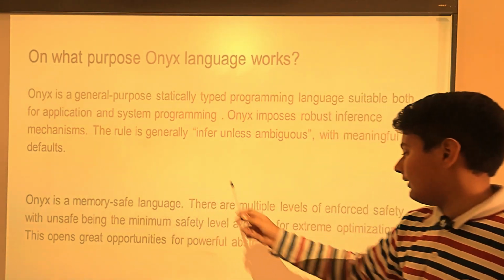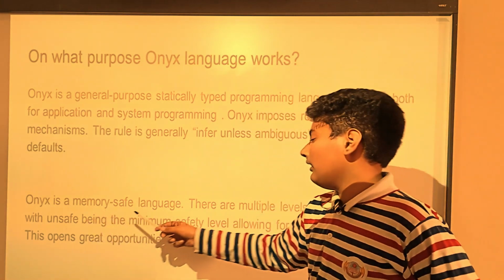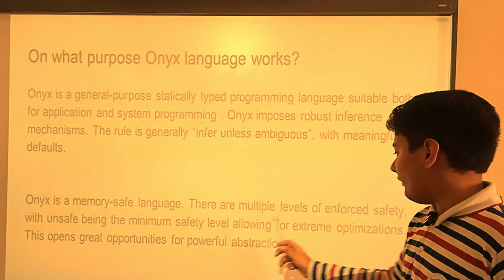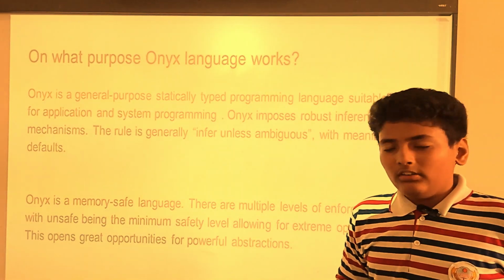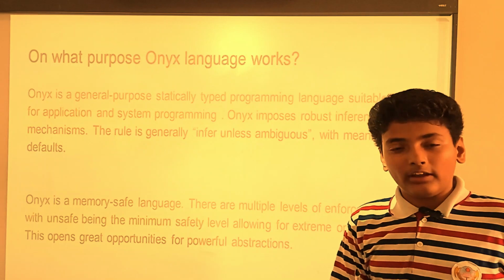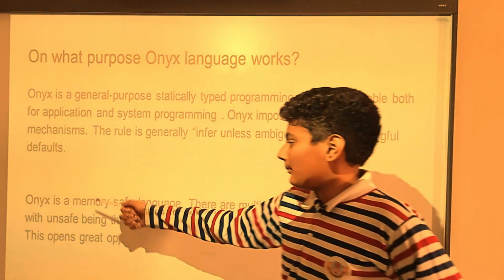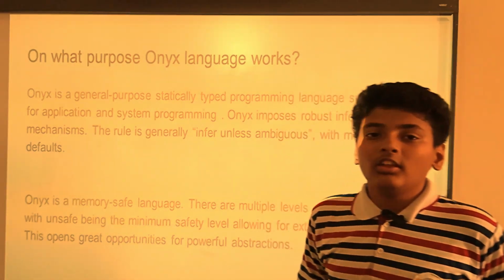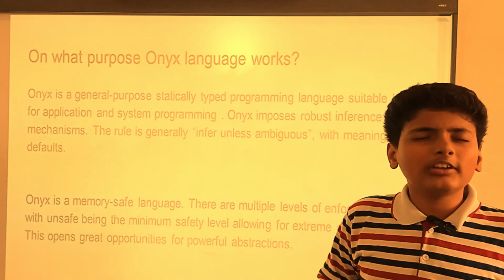Onyx is a memory safe language. There are multiple levels of enforced safety, with unsafe being the minimum safety level allowing extreme optimizations. So for example, if you make a website and somebody copies it, Onyx is a memory safe language. Whatever changes you have done in a website, Onyx can protect your changes.